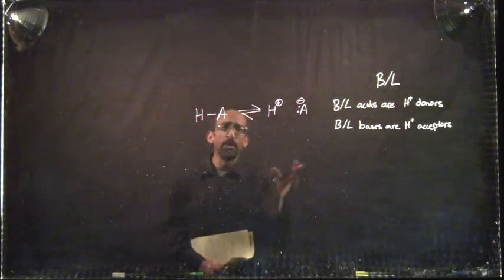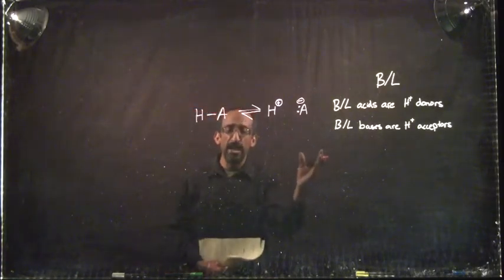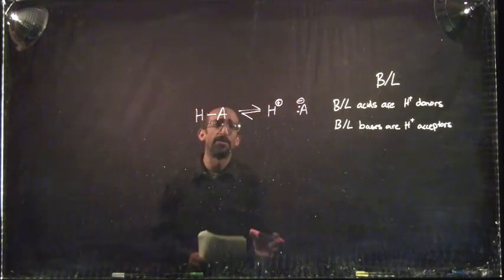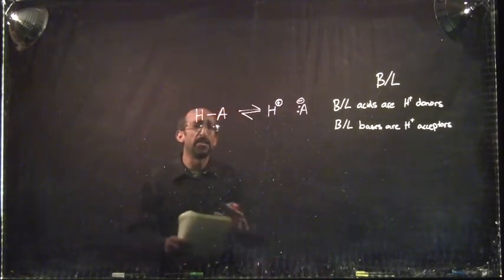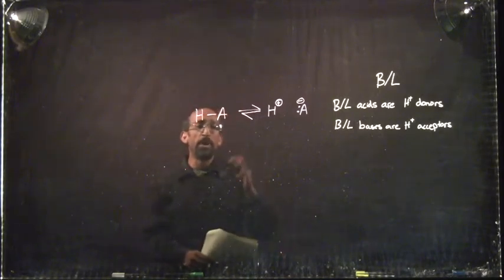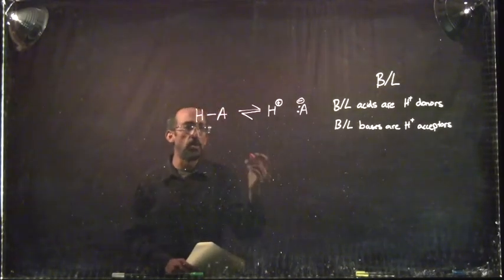This is an equilibrium process, and so we can write an equilibrium constant. I'm not going to get into the math of that equilibrium constant and how it's determined. That I think is covered very nicely both in your POGIL worksheet and in the Sorrel textbook. But I'm just going to refresh that we have a specific term for this equilibrium constant.